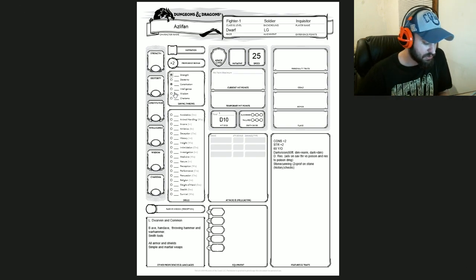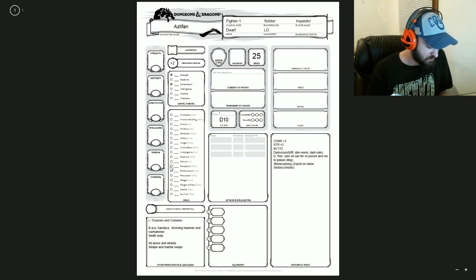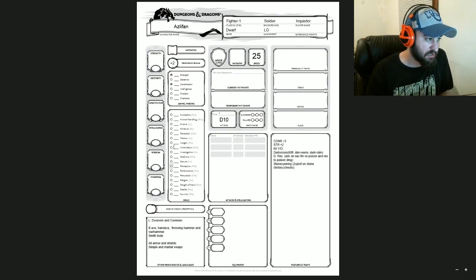We can choose 2 skills from acrobatics, animal handling, athletics, history, insight, intimidation, perception, and survival. So my character, I decided that he was going to be quite keen with his eyes. So we're going to go ahead and get the perception one. And he's also going to be someone that can read other people. So let's go ahead and give him insight.